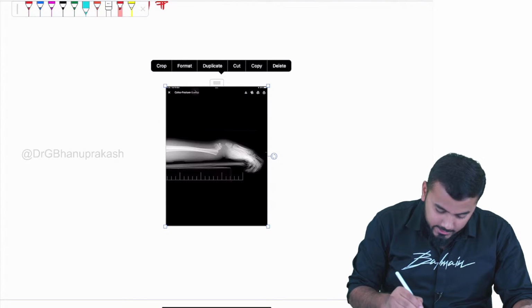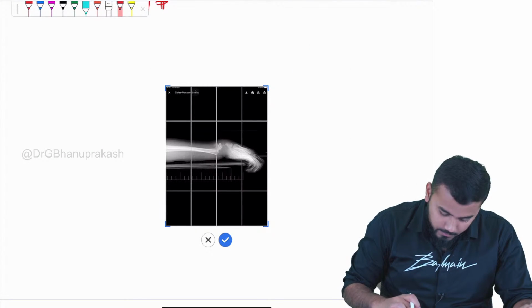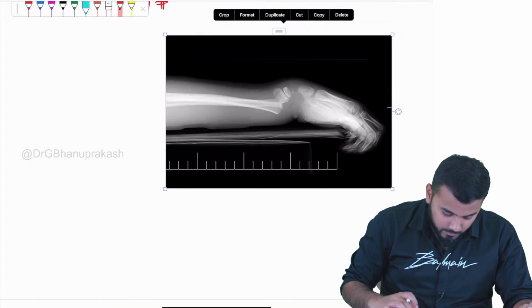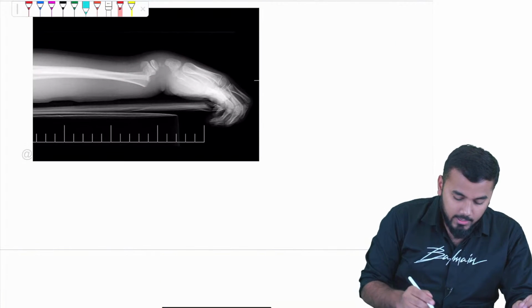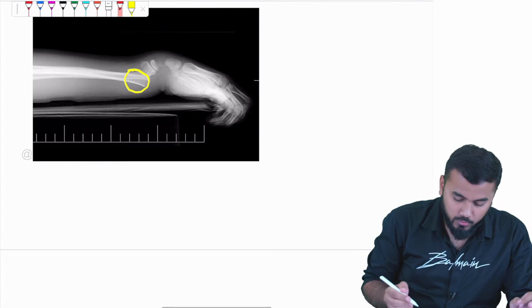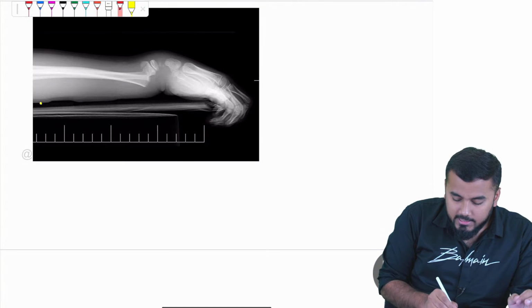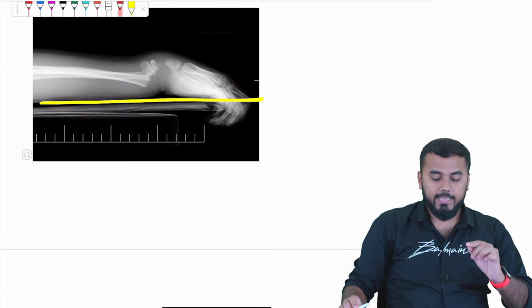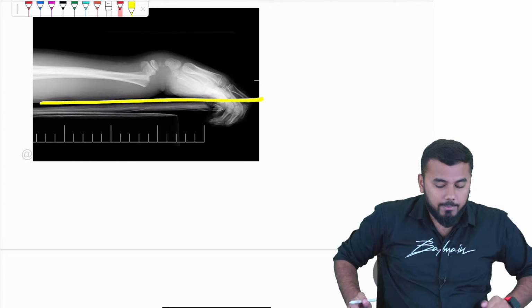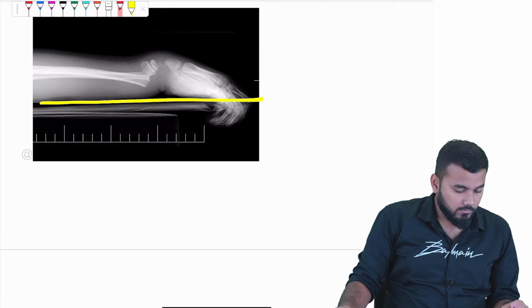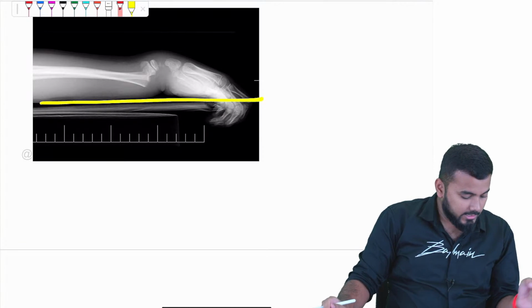Now look at this X-ray here. Let me tell you one thing, see, this bone is your radius bone. Now tell me, this is the line. Is the radius downwards or upwards? Is the radius bone pointing down or pointing up? Be fast.